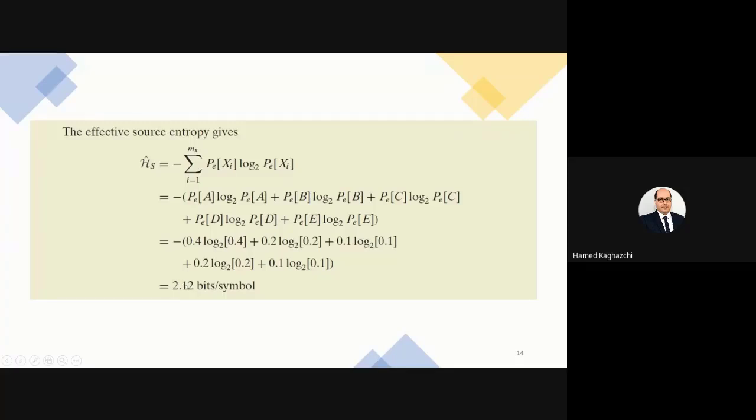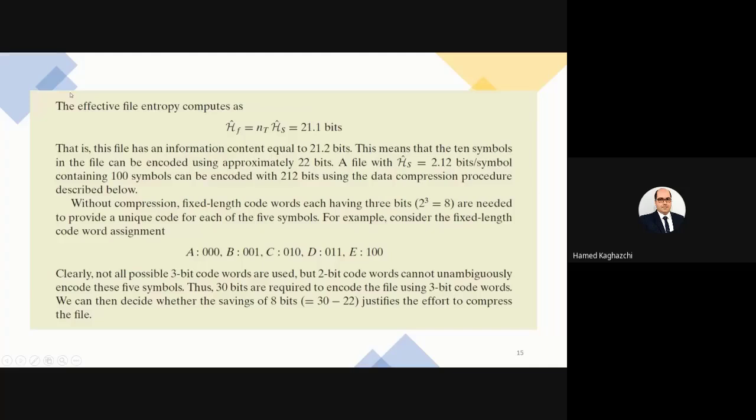What does it mean? Now, I want to calculate the effective file entropy by multiplying the file size by the H hat of S. I can find the effective file entropy 21.1. This means that the 10 symbols in that file can be encoded and compressed using approximately 22 bits.